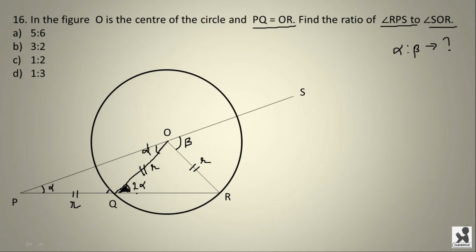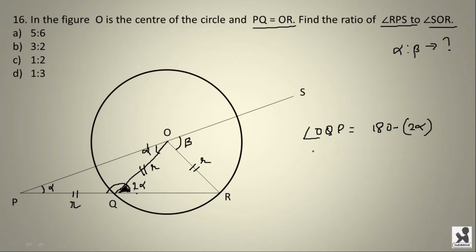We can also solve this by another method, but this is a long process. Angle OQP will be equal to 180 minus (alpha plus alpha), that is 2 alpha.